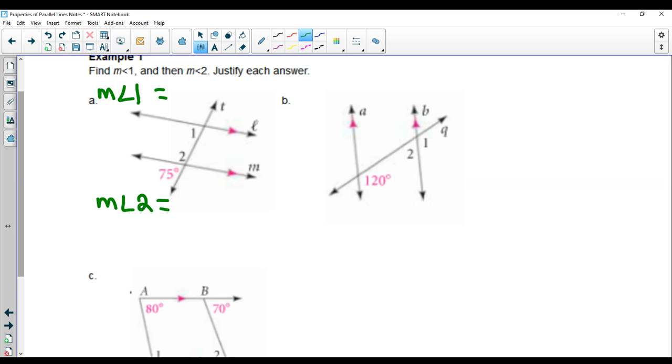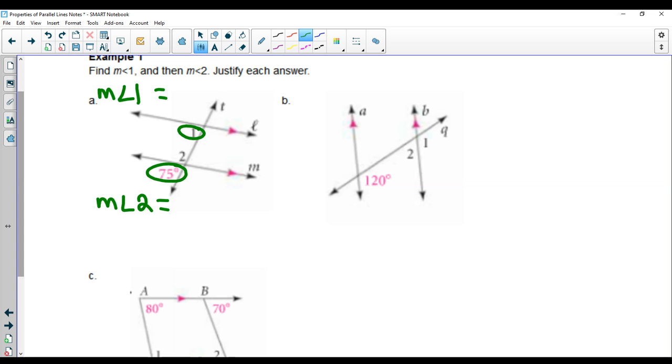Well, I know that 75 and this angle 1, they are corresponding. Okay? They are in the same location, that is the bottom left corner, in their different neighborhoods. Angle 1 is up here in the top neighborhood, and 75 is down here in this bottom neighborhood.